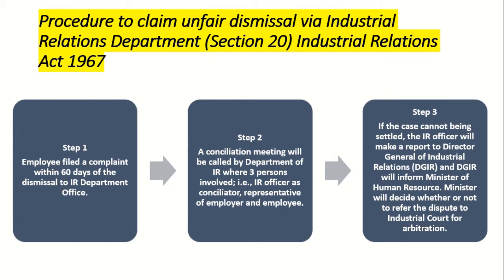Okay, step number 2, a conciliation meeting will be called by the Department of IR, where 3 persons involved, which is IR officer as the conciliator, representative of the employer, and also the employee itself. So, dalam kes yang kita claim di bawah Industrial Relations Department, step number 2 selalunya Industrial Relations Department akan panggil kedua-dua pihak tadi untuk conciliation.